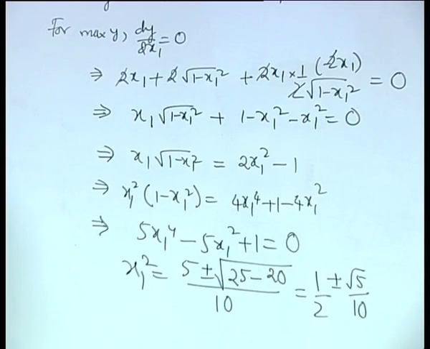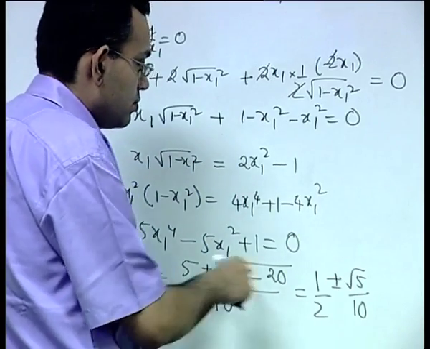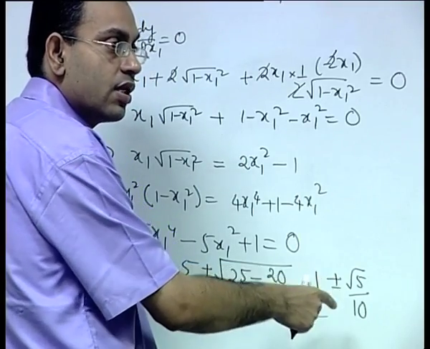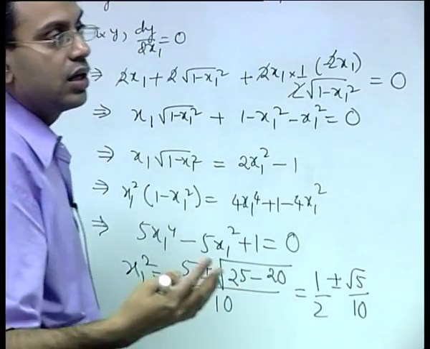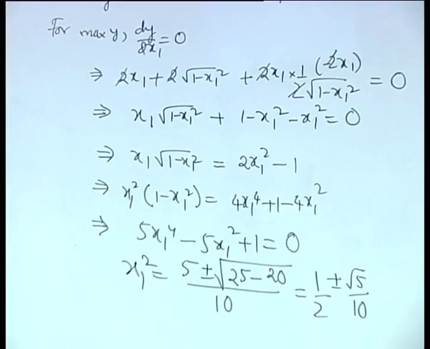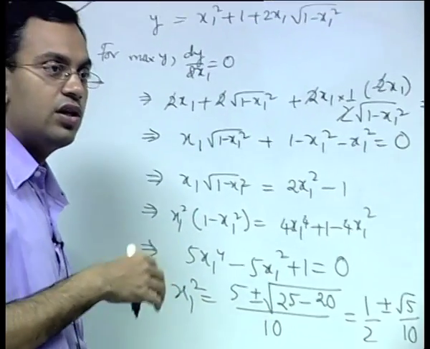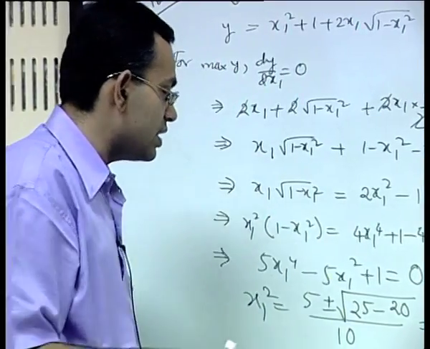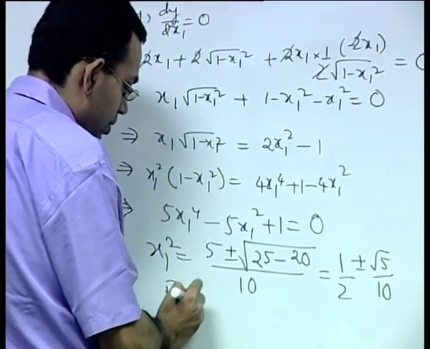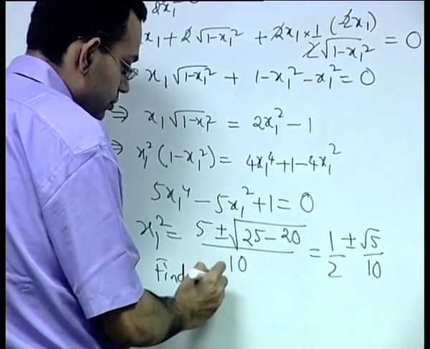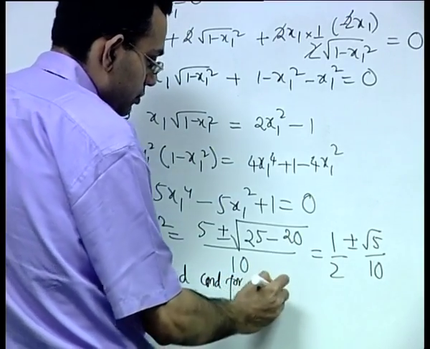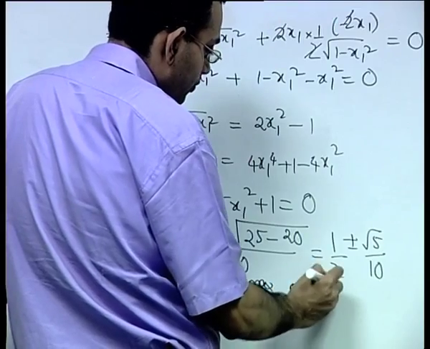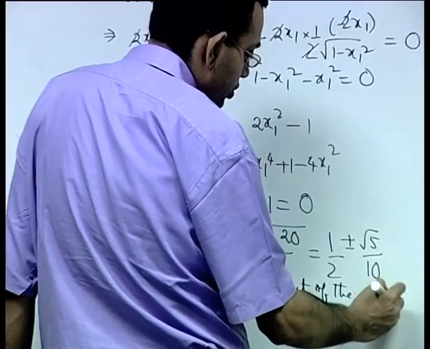Now, you also have to check whether this corresponds to a maxima or a minima. There are two possible solutions for x1 square. Out of these, it is not trivial that both will be maxima. So, I am leaving that to you as an exercise: find the condition for maxima out of the two possible roots.